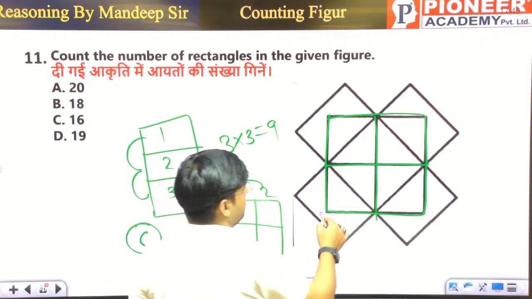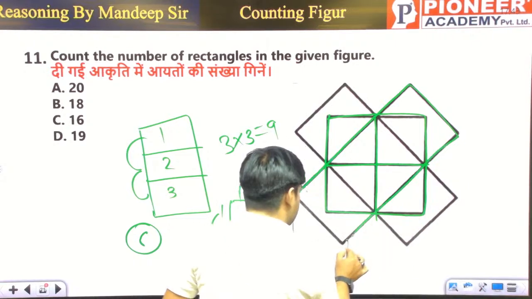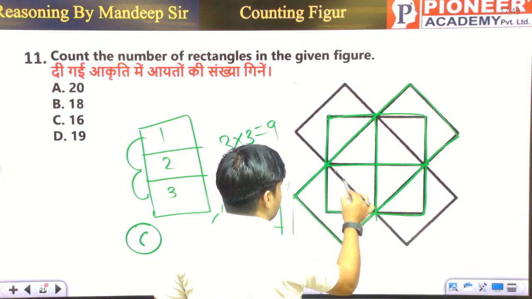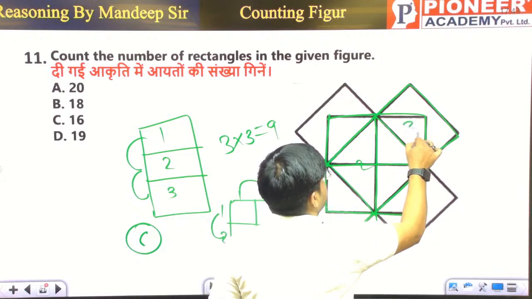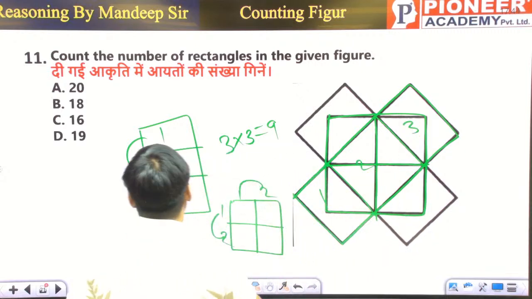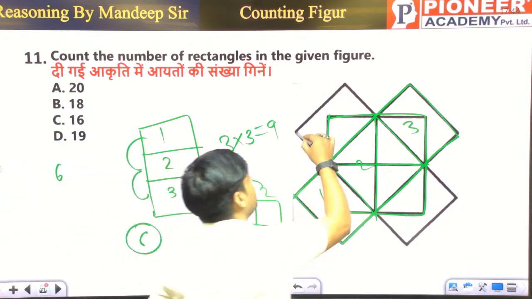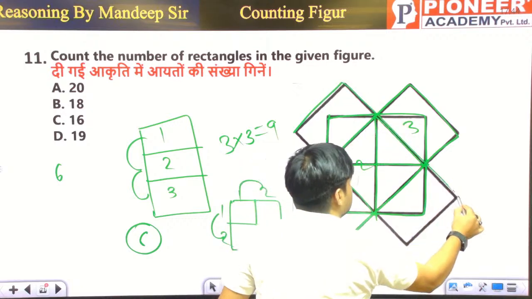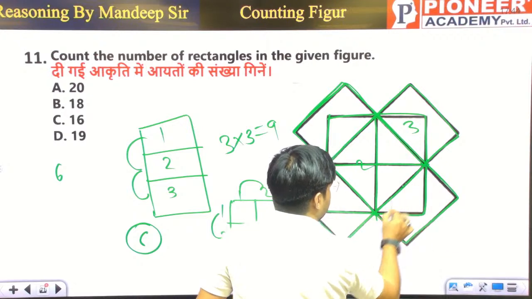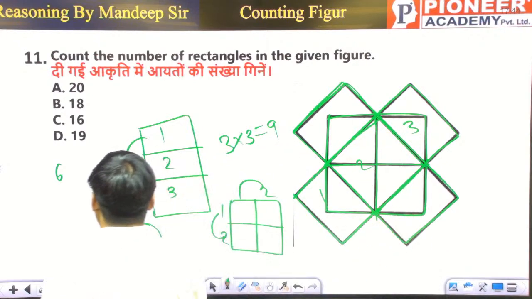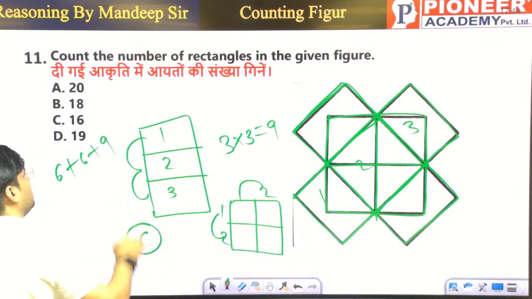And if we see, 1, 2, 1, 2, 3, 3, 2, 5, 1, 6. There are 6 rectangles in this figure and 6 rectangles in this figure also. 6 plus 6, 12, and 9 in this figure, 21.